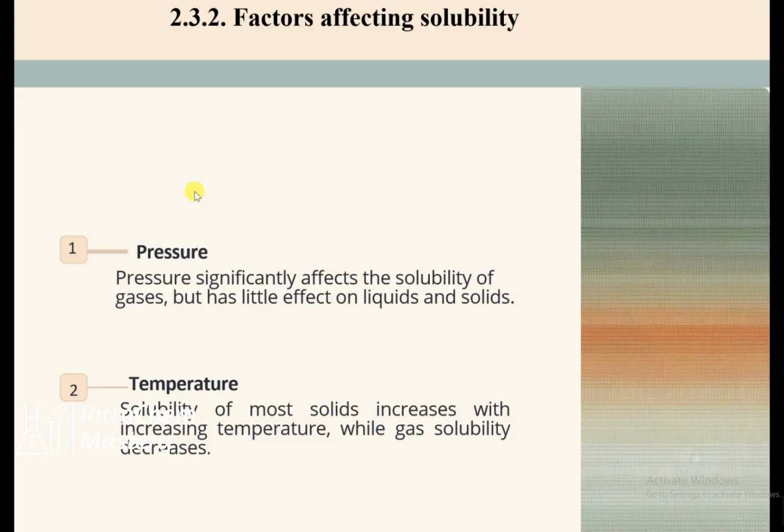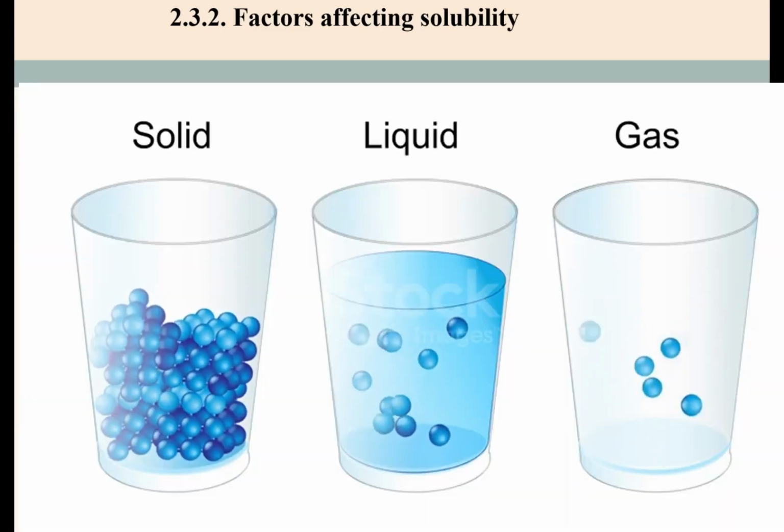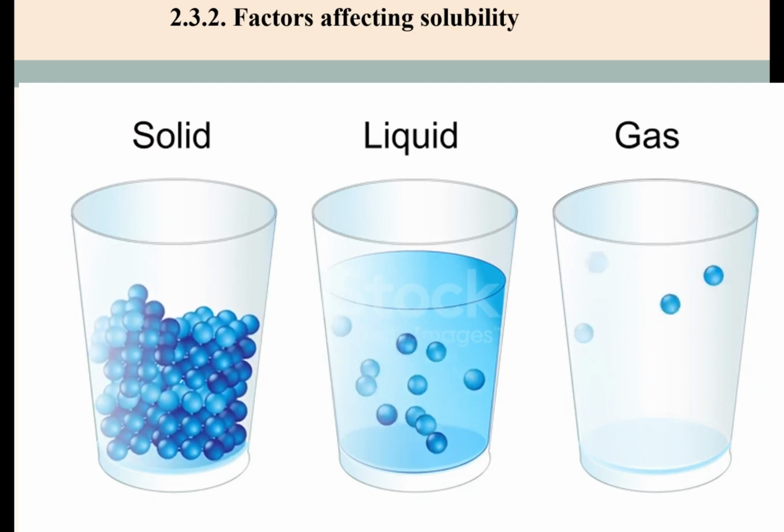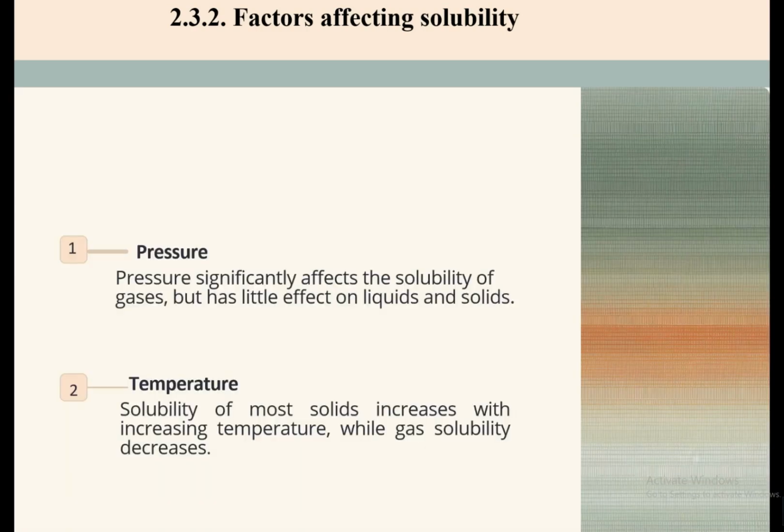Factors affecting solubility: there are different factors but primarily there are two factors, pressure and temperature. Pressure significantly affects the solubility of gases, okay, but has little effect on liquids and solids. This is because gases are compressible. You can compress gases so that you can increase the solubility of gases in the liquid.